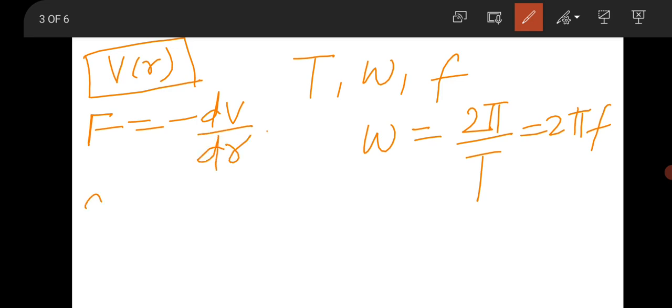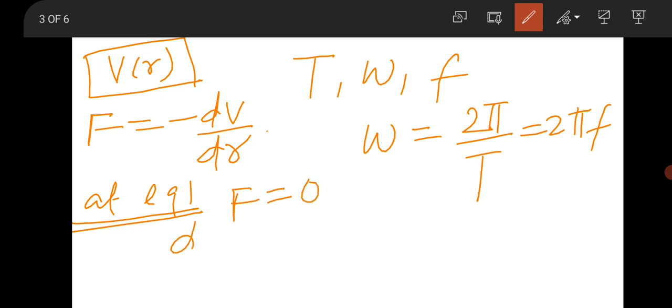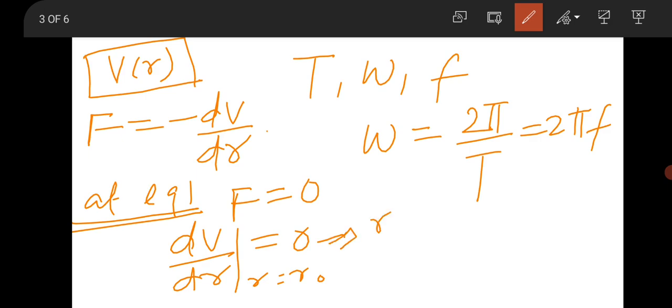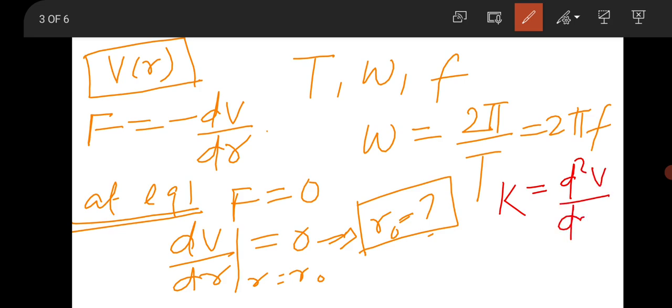At equilibrium, the total force of the system is 0, that is f equal to 0, so you set dV by dr equal to 0 at the equilibrium point r equal to r naught. So you will find the equilibrium distance r naught. Once you get r naught, you have to find the spring constant k, that is the second derivative of the potential, d square V by dr square, at r equal to r naught.